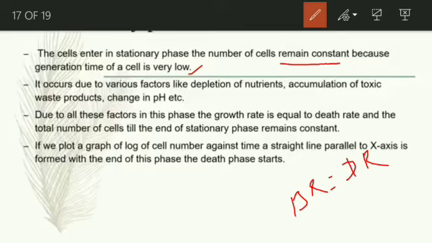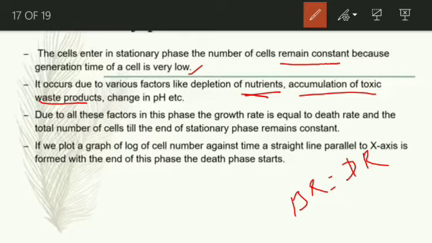Why is the stationary phase happening? Because of depletion of nutrients and accumulation of toxic waste products. Generally, while bacteria are growing, they also produce some unwanted toxic waste products.